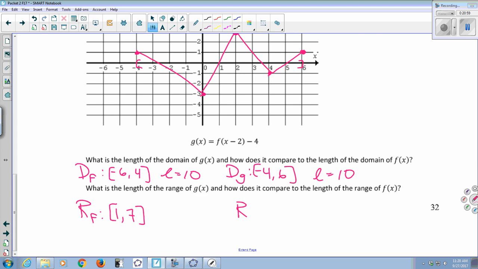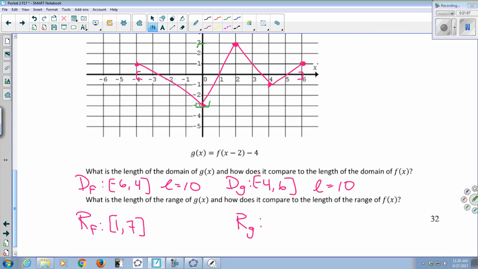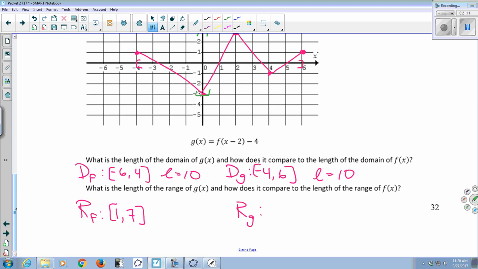And then the range of g, my lowest y value to my biggest y value, is -3 to 3. So both of these have a length of 6. Okay, so the range did change, but the length did not.